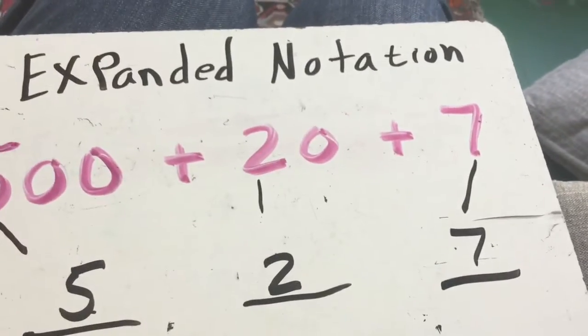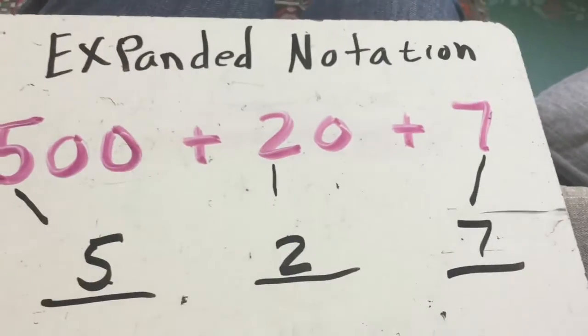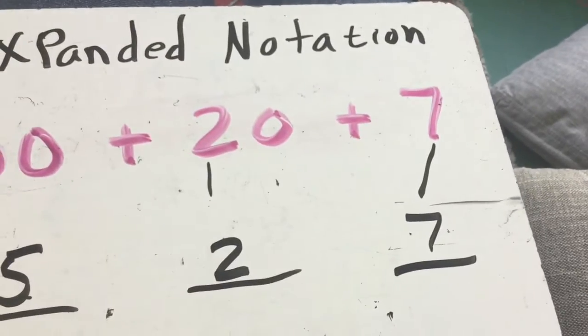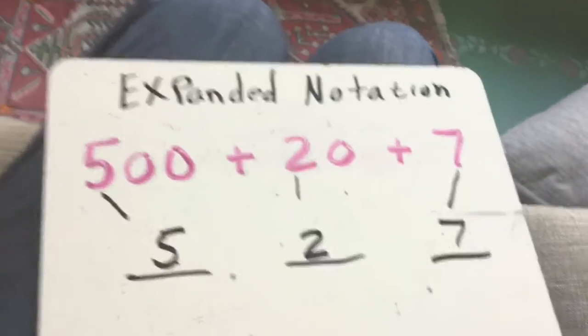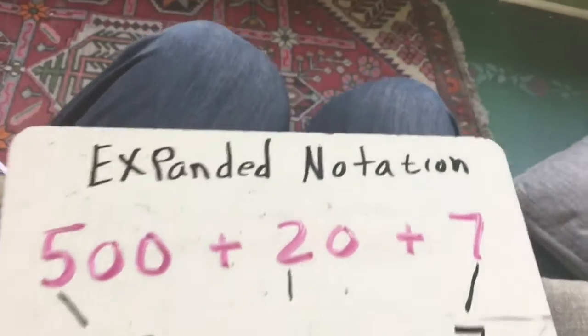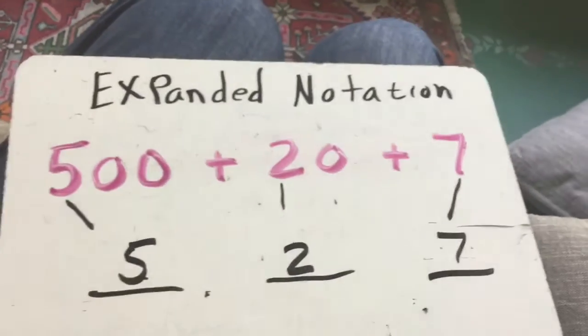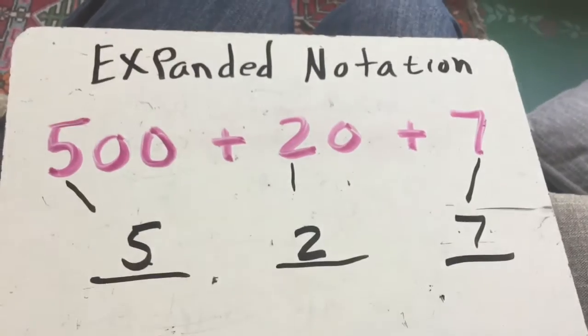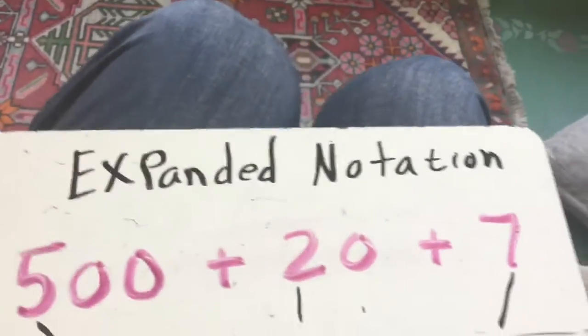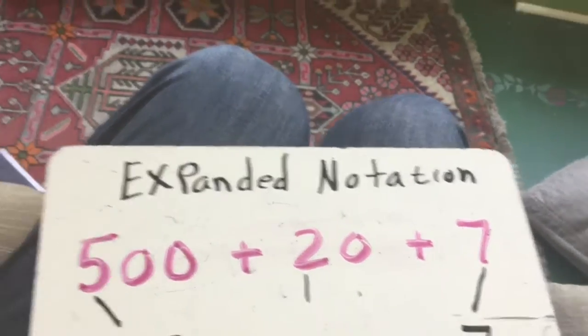The 20, which is 2 in the tens, goes in the tens, and the 7, which is 7 in the ones, goes in the ones place. So you change the top pink part. Your answer is the black bottom part, 527. You're just writing the number that the addition problem tells you to write.